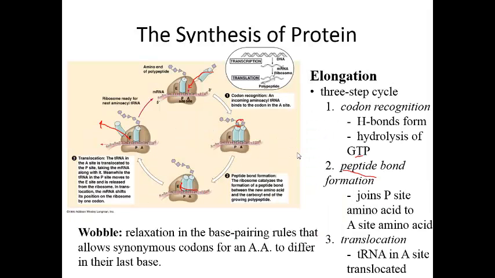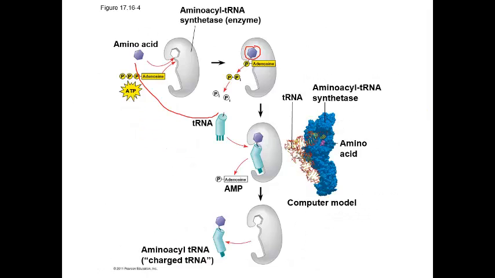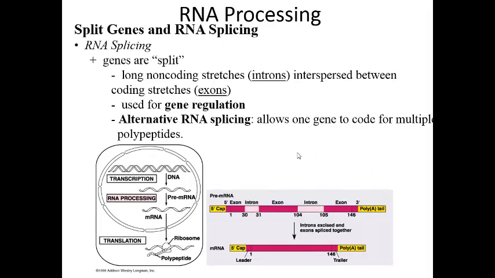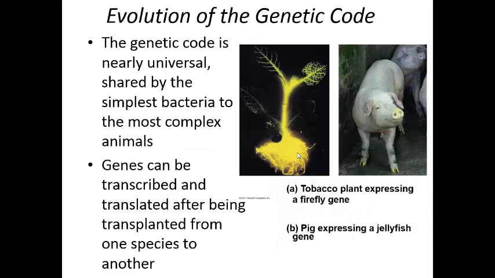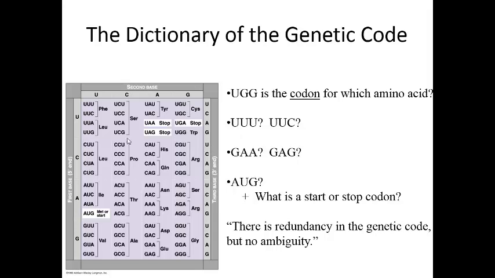Another important concept to introduce here is a concept called wobble. Wobble is a relaxation in the base pairing rules for the third base of each codon. We know that in the genetic code there's redundancy, and if we look at the redundancy in the genetic code, you can see that the third base of a codon really doesn't matter.